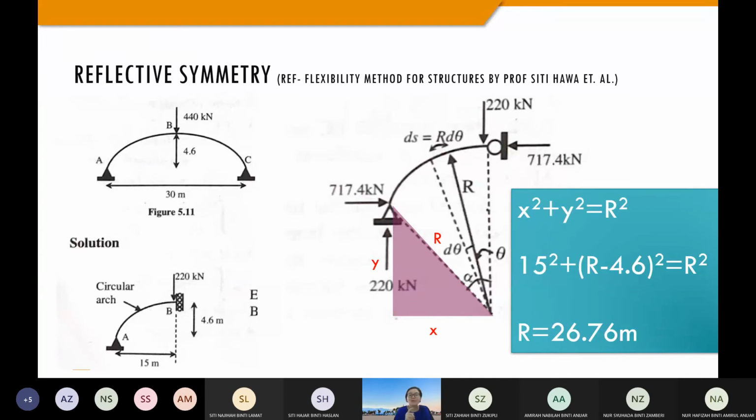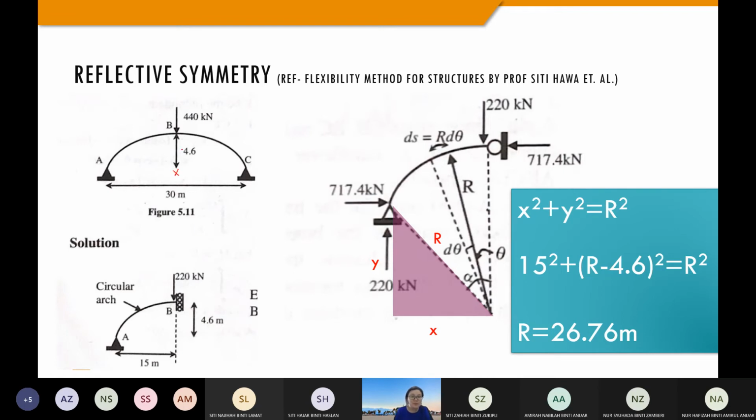Okay, in our previous slides, we need the r to solve for some of our lengths. Okay, so in this case we also require the r value, but this r value is definitely not here.